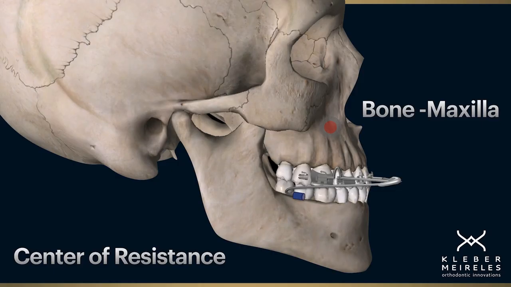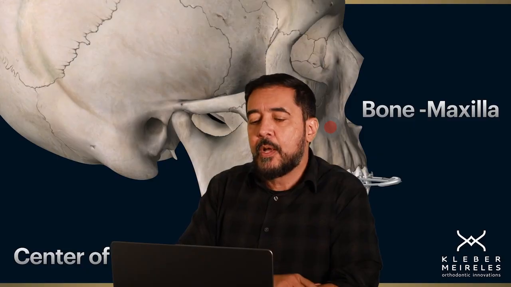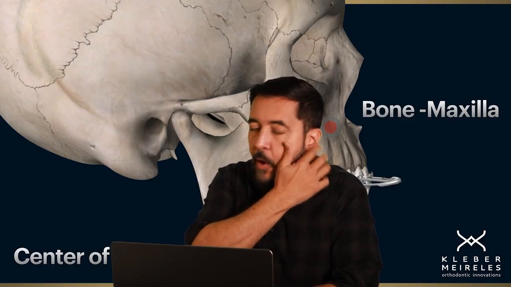So if you consider a force applied against the maxilla to do the retraction of the whole maxilla, I mean, I'm doing now orthopedics, not orthodontics, I also have a center of resistance to consider, to have the force passing through the center of resistance, above or below it, in order to achieve the right kind of movement that I planned for. So we have all those centers of resistance calculated for us.